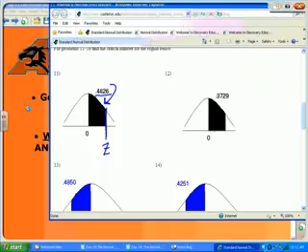So how do I find z-scores, in my calculator or on the table? How much area do I have to have? I have to have all of the area below that value to get my z-score.